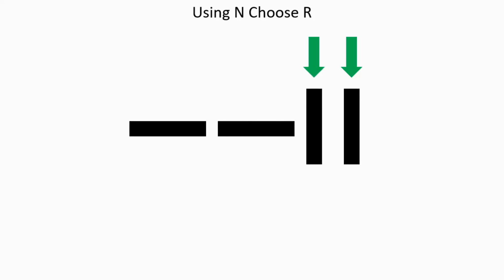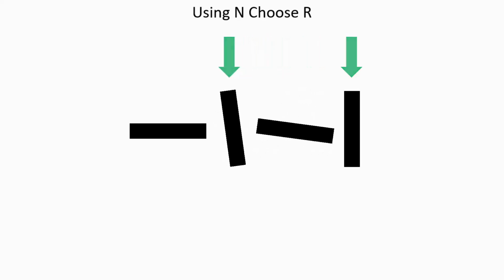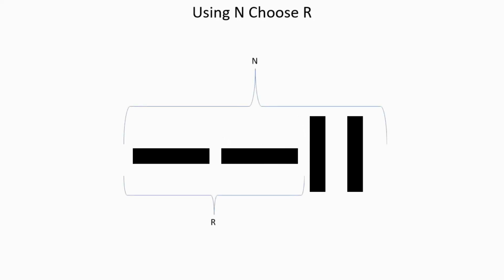So it becomes an n choose r problem. The total number of lines we can call n, and the number of vertical or horizontal lines we choose becomes r. There isn't a difference if you choose vertical or horizontal, but I'll explain that later.